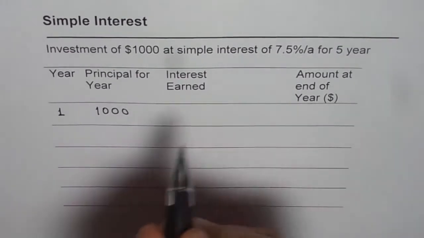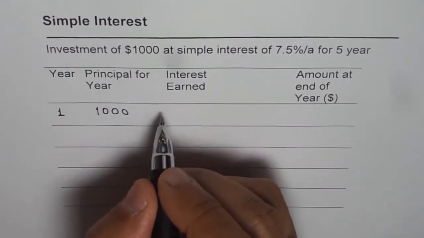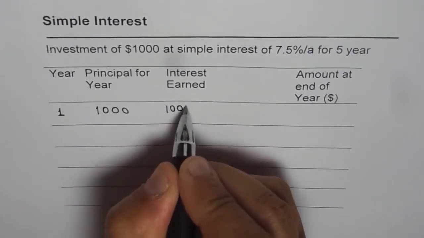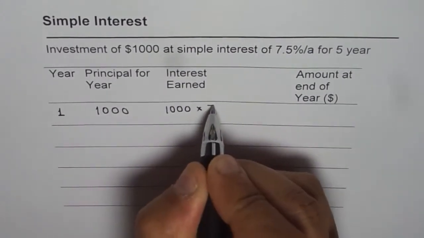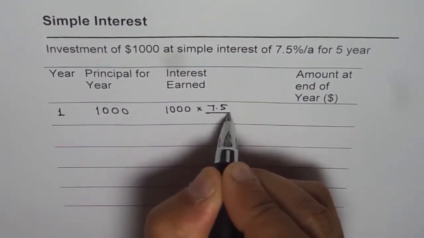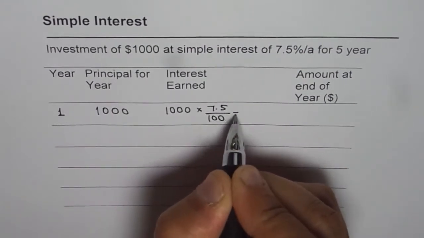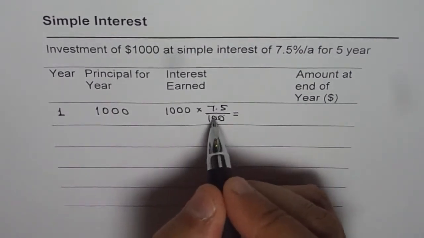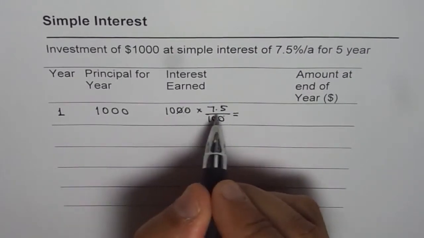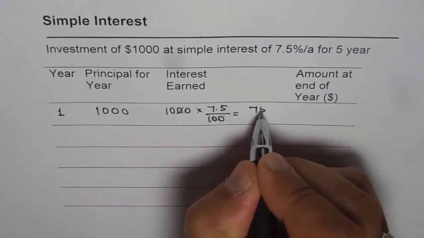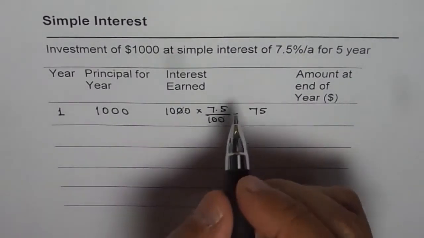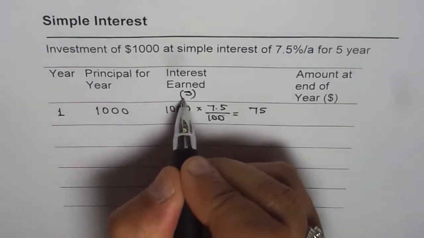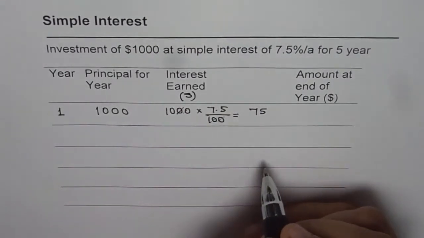So we normally take the decimal value of this. So it is $1,000 times 7.5% means 7.5 divided by 100. So the zeros cancel out, correct? So you get 10 times 7.5, or $75. So $75 is the amount earned in dollars as interest, right?